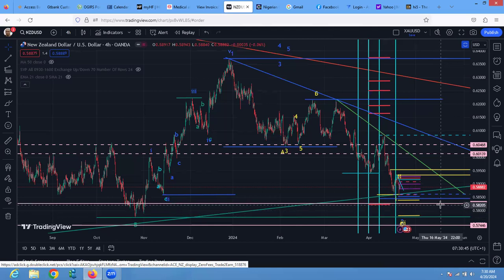Price may touch 0.58200 by sheer manipulation, like what I told you at the beginning of this video, that 88 may be the last bus stop, or will not break a wave 1 before we have a push to the upside.